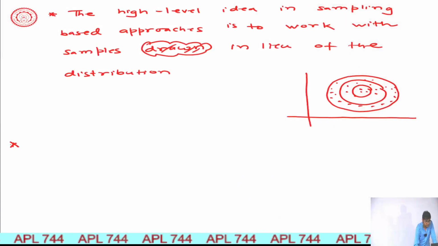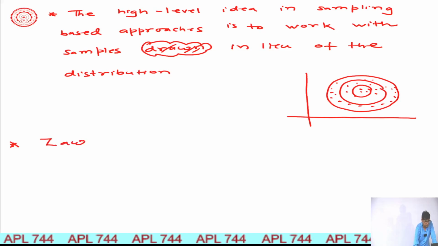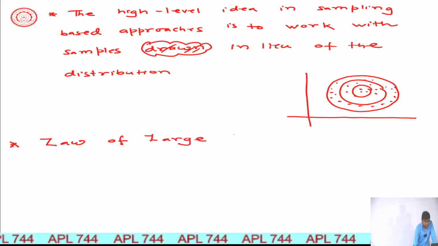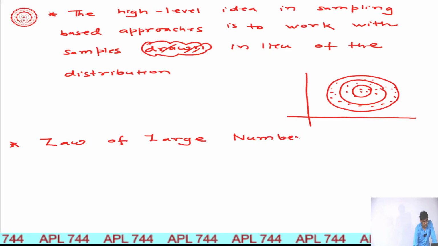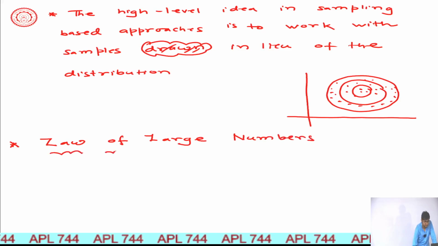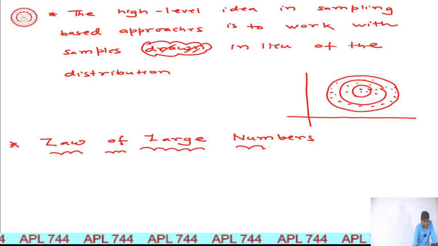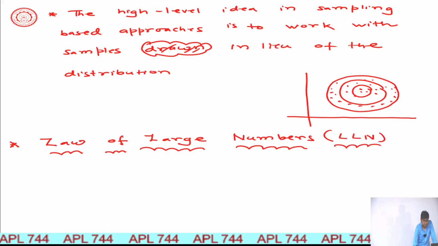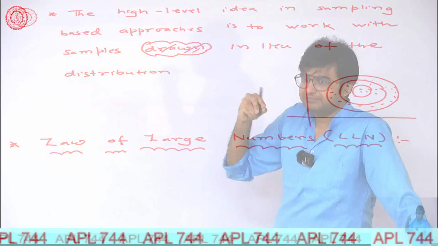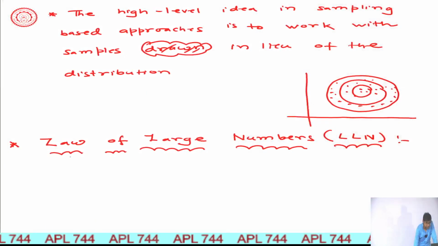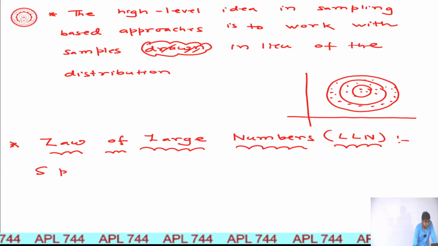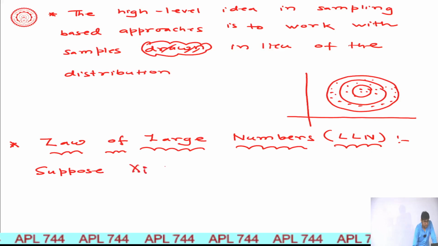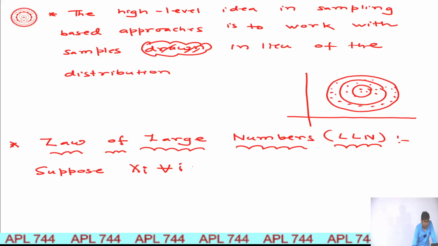Okay. Law of large numbers. Suppose we have xi for all i are IID.